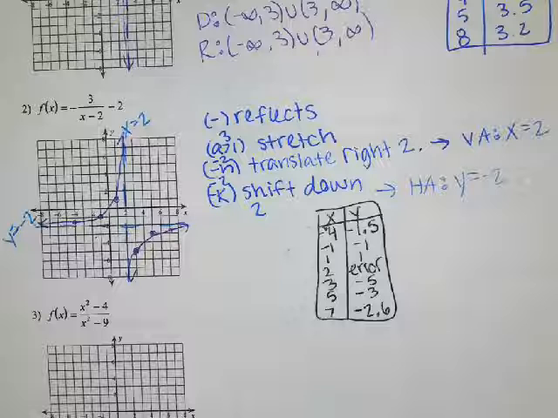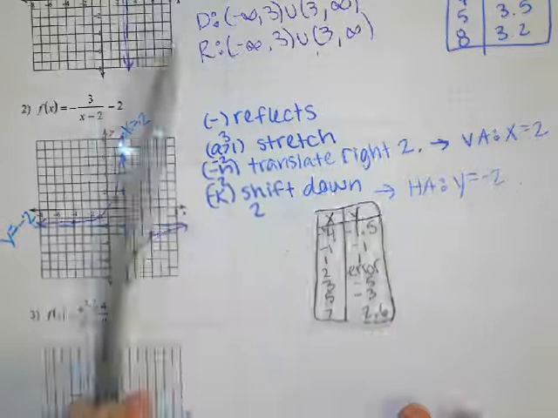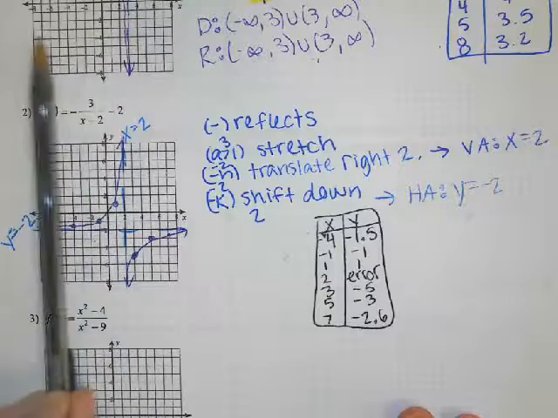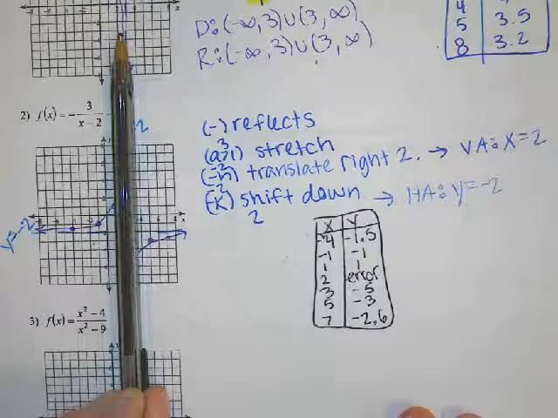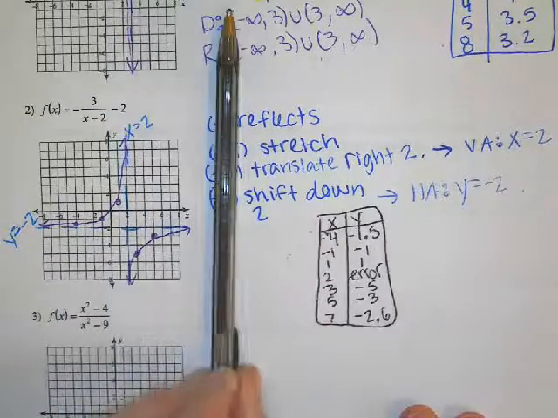Alright, that's transformation form, a-h-k. Okay, so domain would be from -infinity to approaching 2, and then from 2 to infinity.